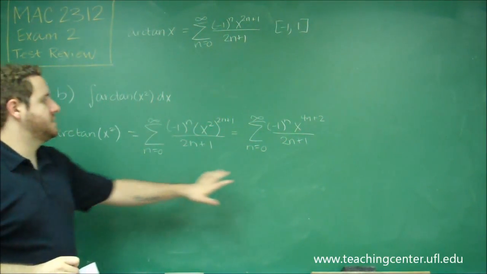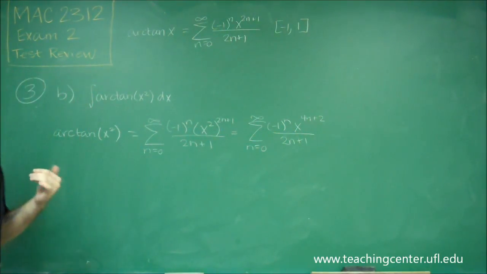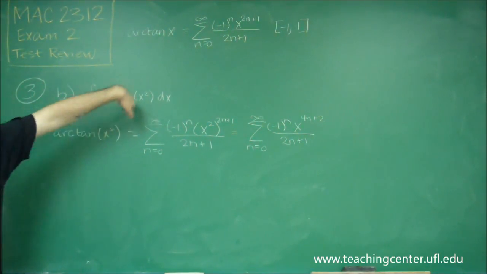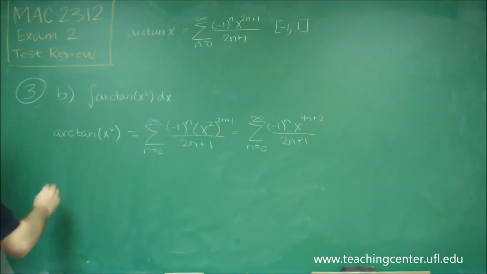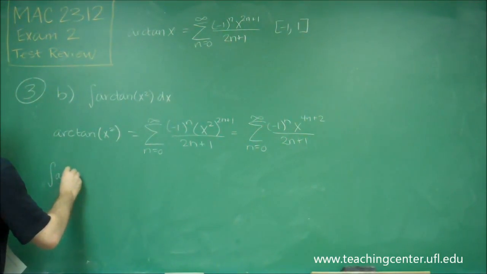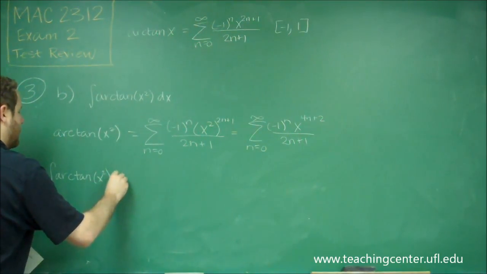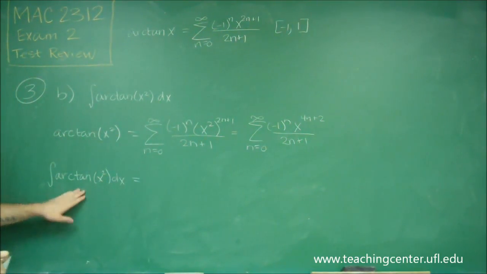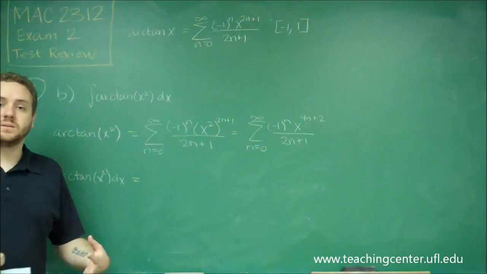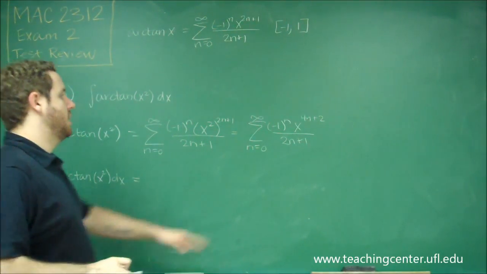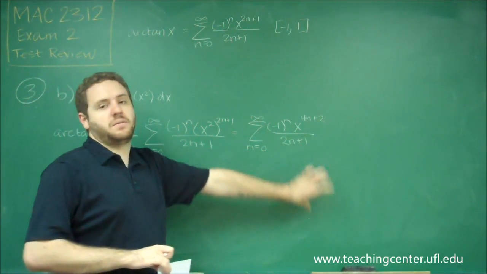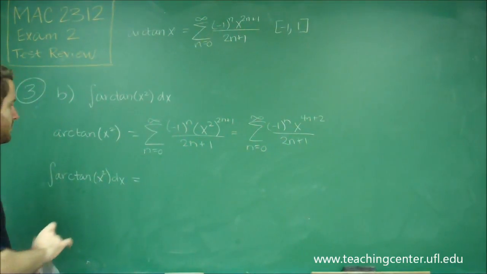Alright, so this is our series now for arctan of x squared, and we want to do the antiderivative of that. Again, doing this antiderivative by using integration techniques would be tough, but taking the antiderivative of this series is pretty simple.